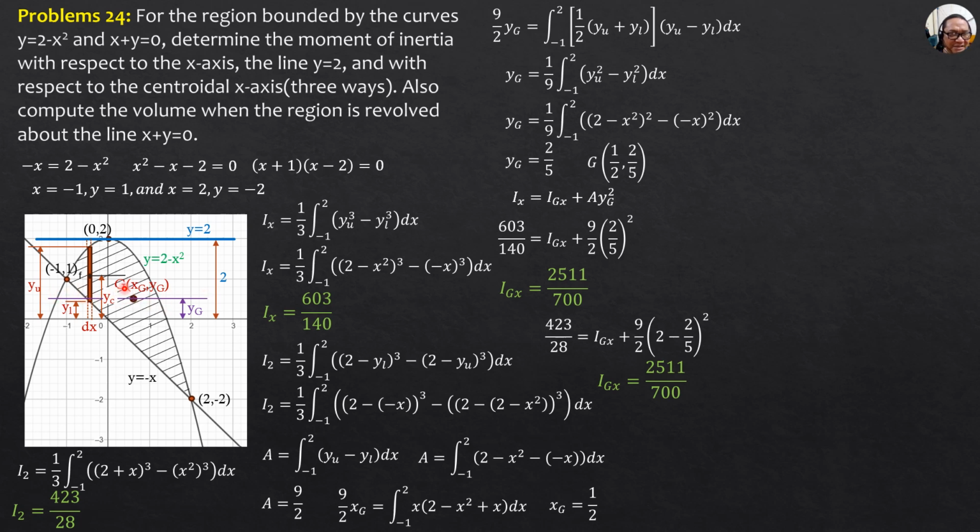So that's the first integral, because yg is 2/5 and y equals -x for this line. So meaning the intersection between this centroidal x-axis and this line here is -2/5, and y is also positive 2/5. So limits would be from -2/5 up to +1, and we consider this part here.